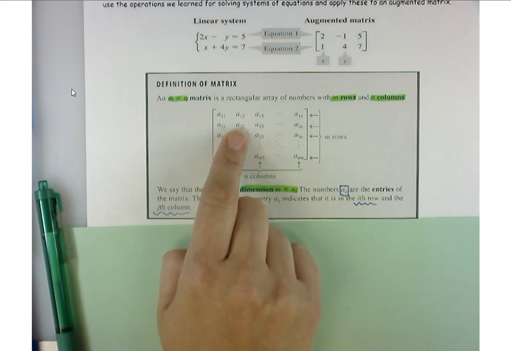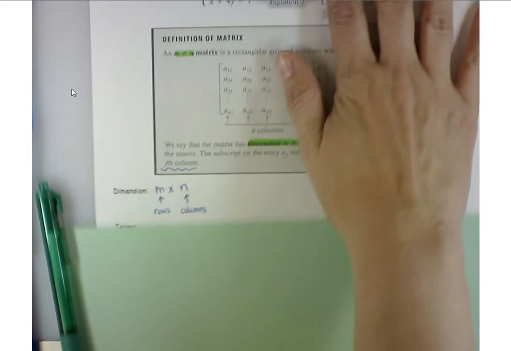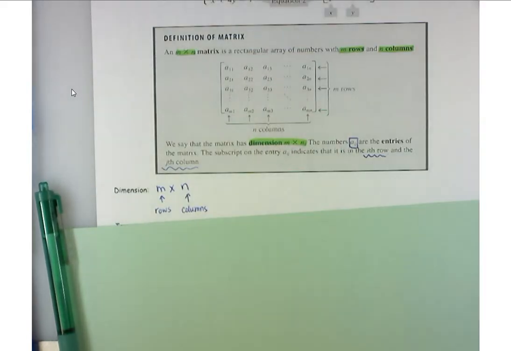All right, so let's just recap some of the things we just learned. We learned that the dimension is m by n. So this is underneath your information box. Your dimension is m by n, which represents the rows and the columns.